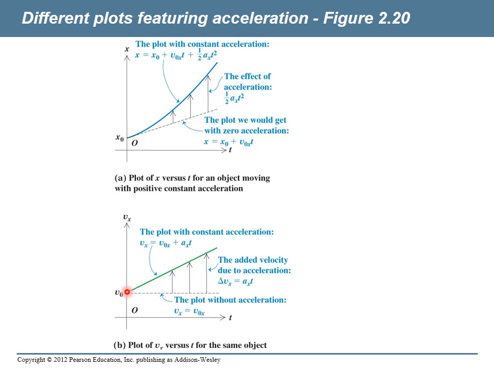It makes sense that our velocity at some point in time would be our starting velocity plus the acceleration times the time. Our starting velocity is here, and then we're accelerating and increasing our velocity, and we come over to some time t over here, and we would move up to get our new velocity, with the acceleration here. So it's a starting velocity plus the increase due to the acceleration.